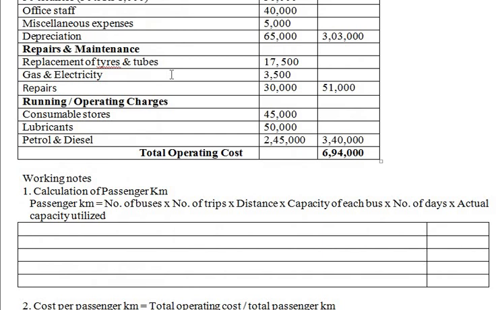Okay, everybody has written the formula, I guess. Now 10 buses into number of trips, 10 trips, which is already given. Kilometers is also given, 8 kilometers into capacity of each bus. So capacity of this is 50 passengers, into number of days. Now number of days, this is for the month of August.